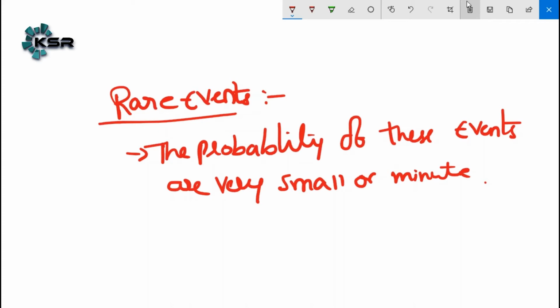Rare event is one of the important points we are going to consider in our further discussion. But whenever we receive rare events, we are not going to take those probability values into consideration. Let me give you one small example. Assume that in a college, 10,000 members were there, 11th or 12th standard.